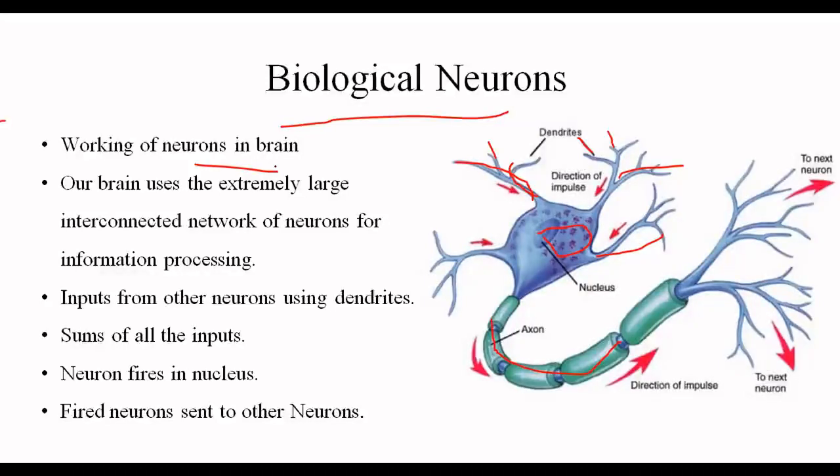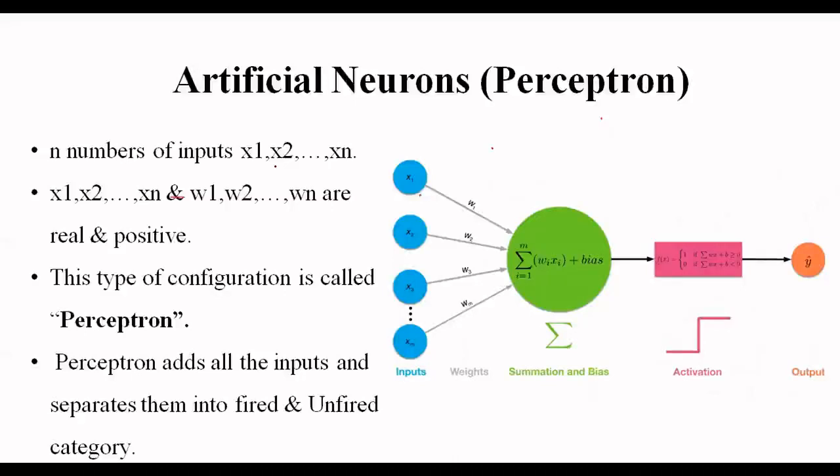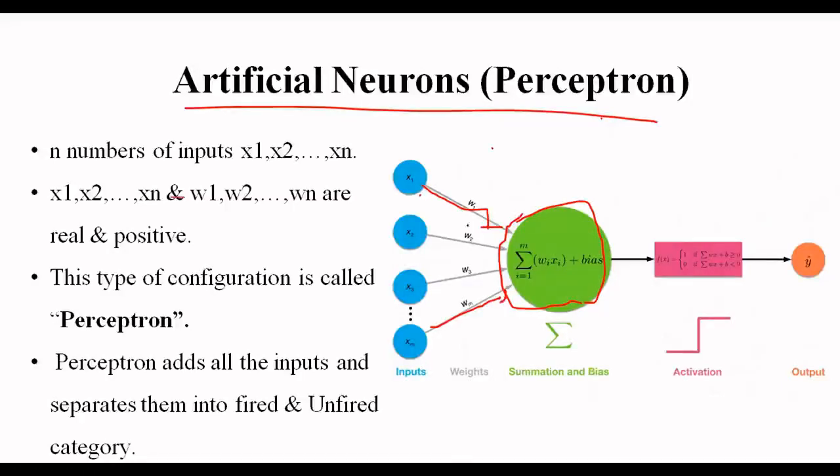So I am creating a replication of an artificial brain or an artificial neuron, which is known as a perceptron. This is the center part, or the nucleus part, of my brain, where I am summing all the given inputs, and these are my inputs x1, x2, up to xn. I have n number of inputs, and these are the weights of the particular inputs.